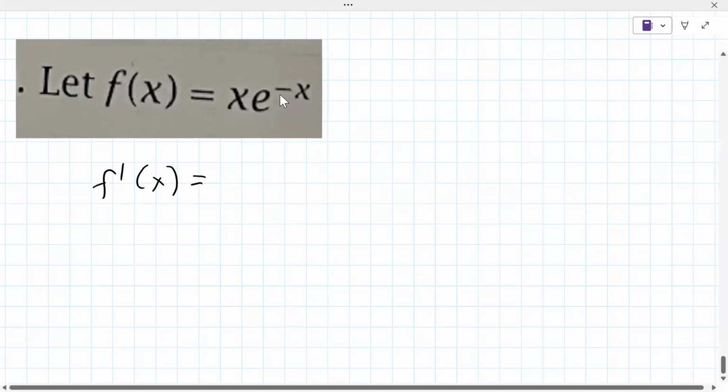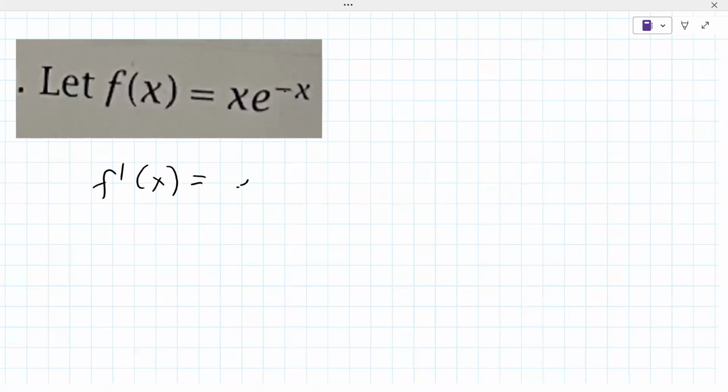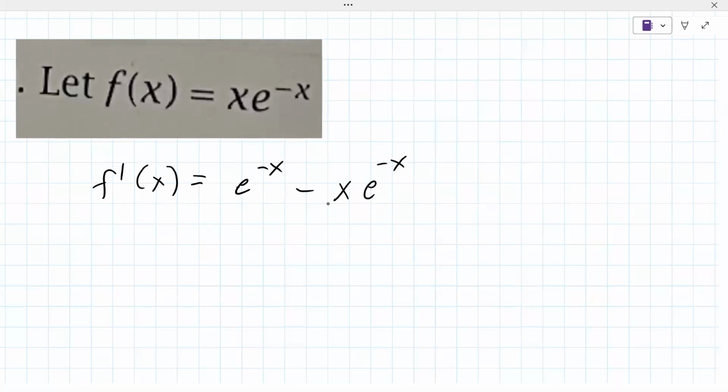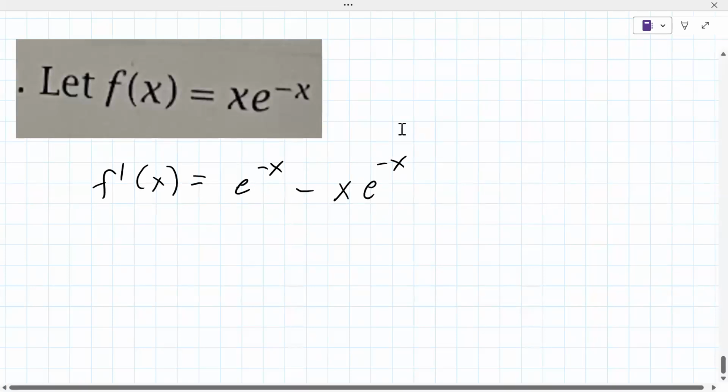Like, the answer has an e to the minus x in it. Okay, well then I got e to the negative x minus x e to the x. Does that work? It's a minus in here because the derivative of e to the minus x is minus. Okay. Then keep the negative here.